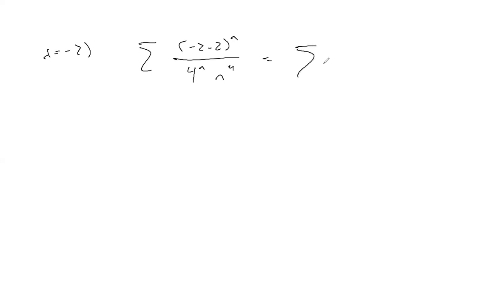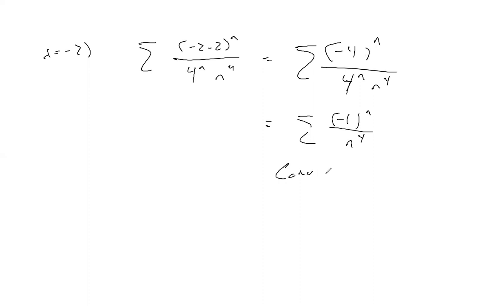Well, simplifying that, that is the series negative 4 to the n over 4 to the n, to the fourth. Now, is this series convergent or divergent? Well, it's a convergent alternating series, right? So it's convergent. That means I want to include x equals negative 2 in my interval of convergence.